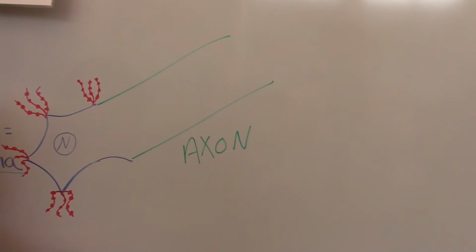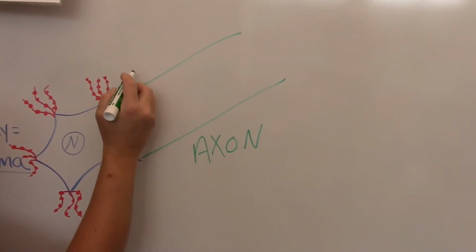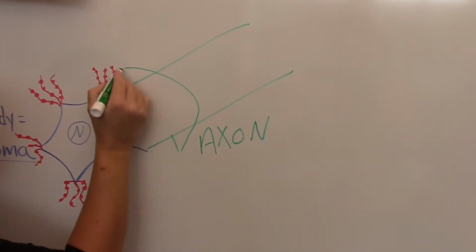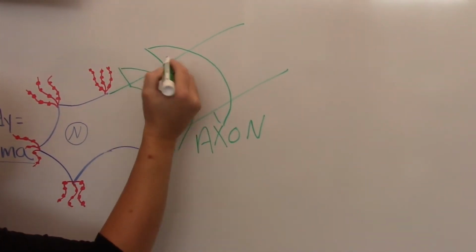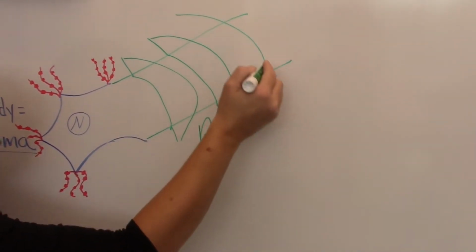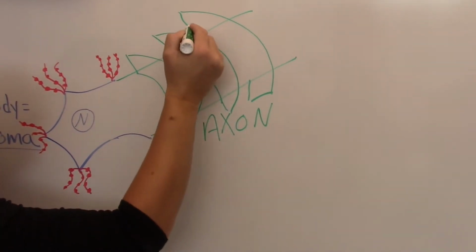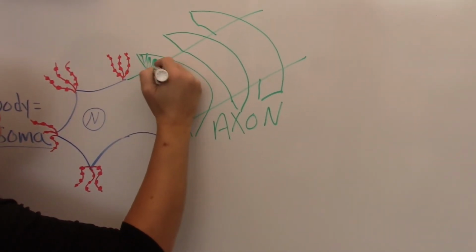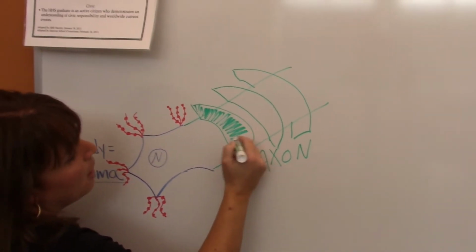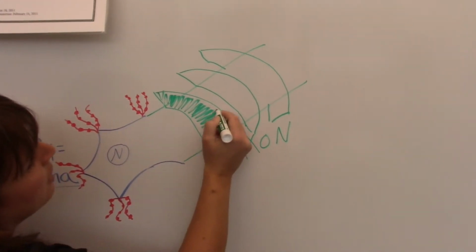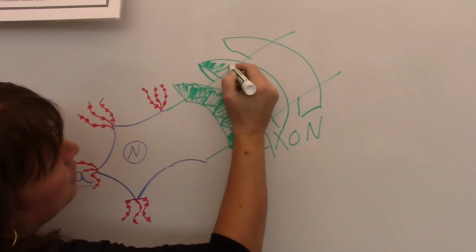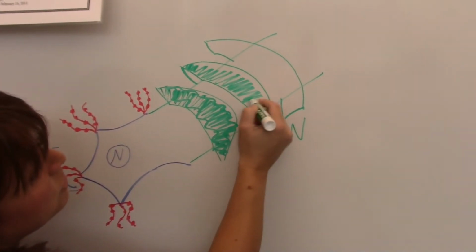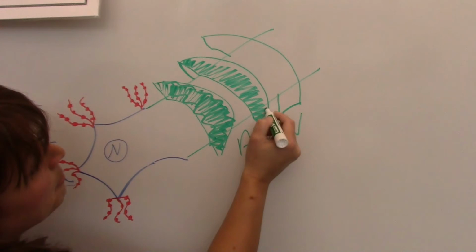On the axon, it is encased in this fatty tissue known as the myelin sheath. And the myelin sheath enables a smooth movement of the message, whatever that message happens to be, hunger, movement, whatever. Now, deterioration of the myelin sheath contributes to such diseases as MS, multiple sclerosis.